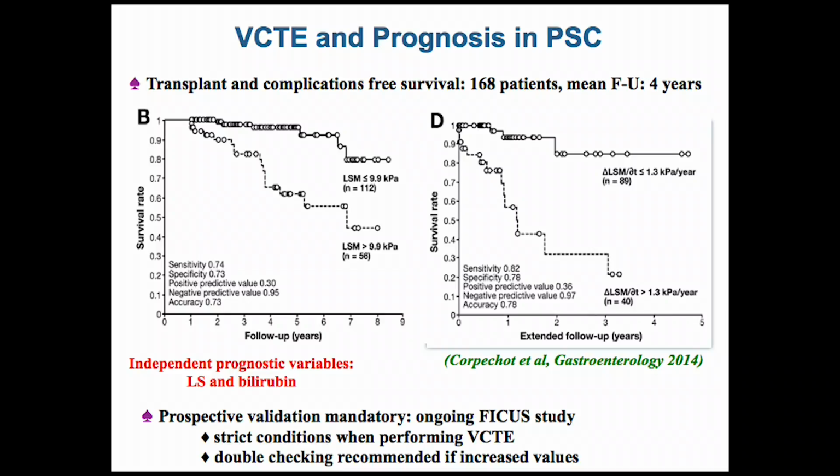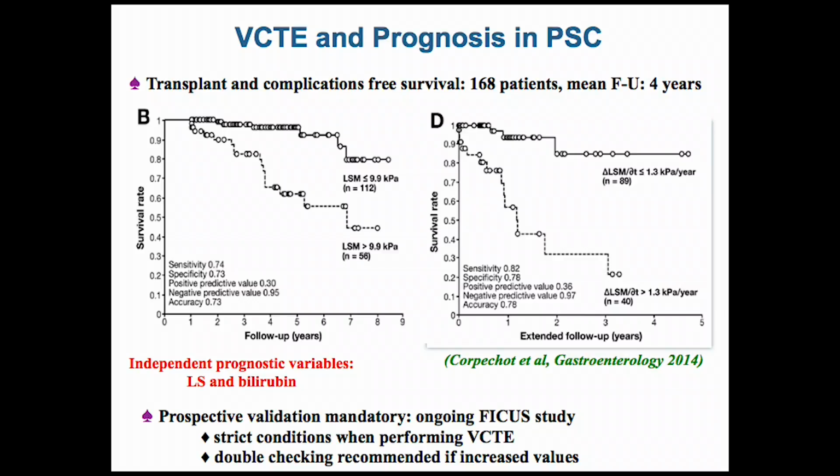And even in terms of intent to diagnose, that means taking into account a rate of 10% of technical failure or unreliable results in this series. We also found a good reproducibility between operators and between two adjacent intercostal spaces, as shown here.